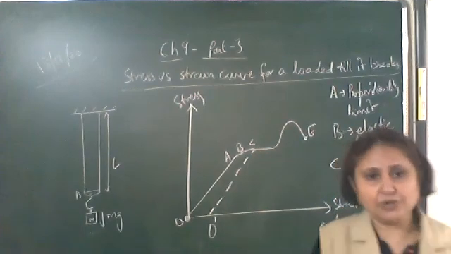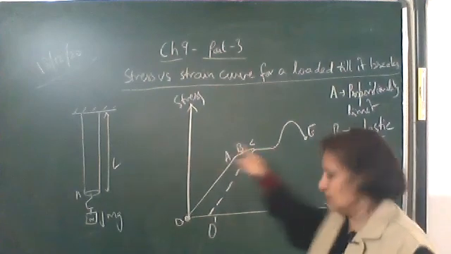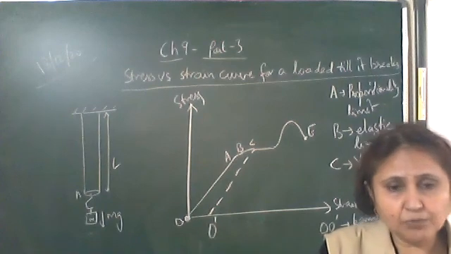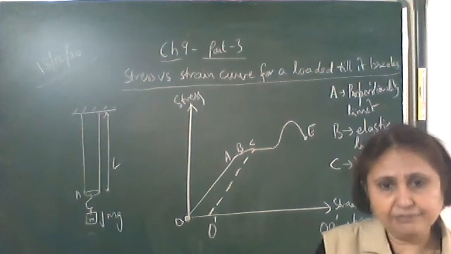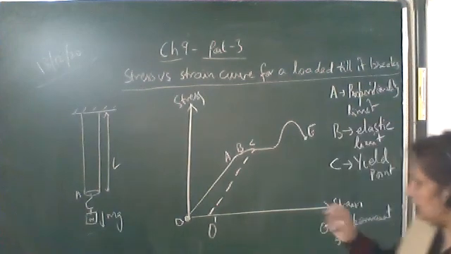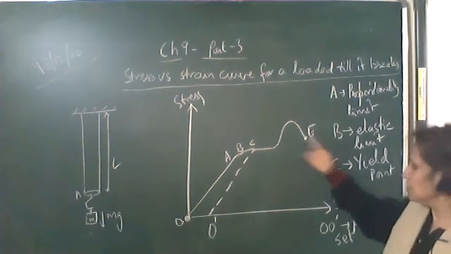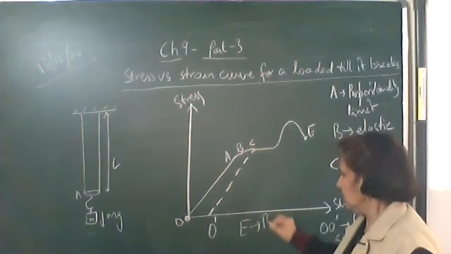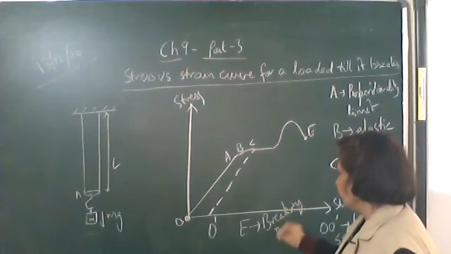At some points the wire will become very, very thin. Necks and waves are developed in the wire, and ultimately it breaks at point E. So this point E is called the breaking point of the wire.